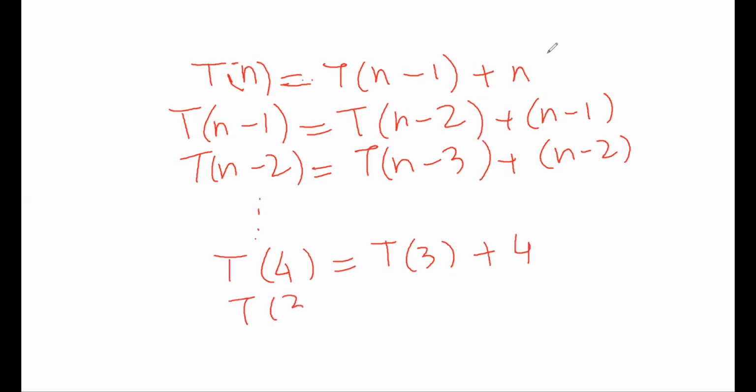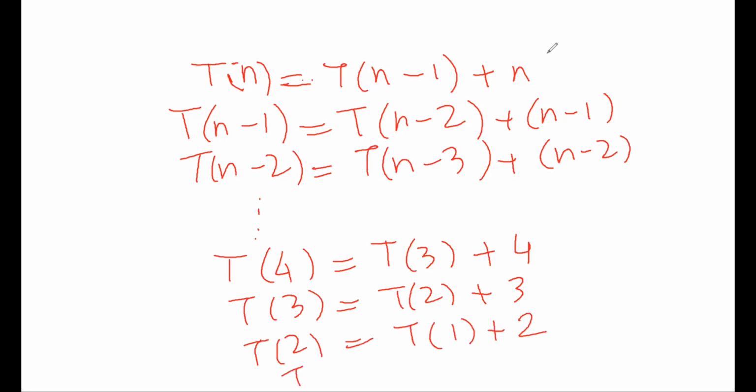T of 3 is t of 2 plus 3. T of 2 is t of 1 plus 2. T of 1 is t of 0 plus 1. Let's say t of 0 is equal to 0. So this term is just ignored.